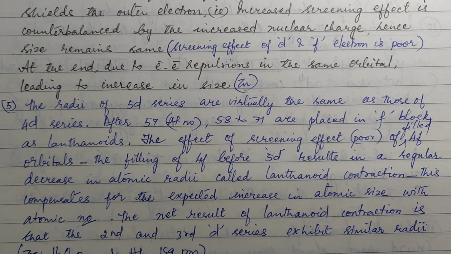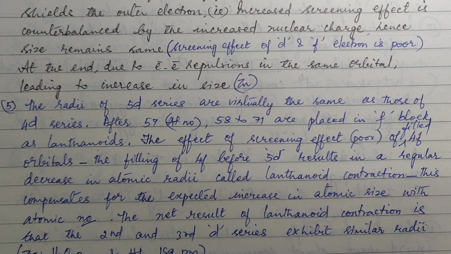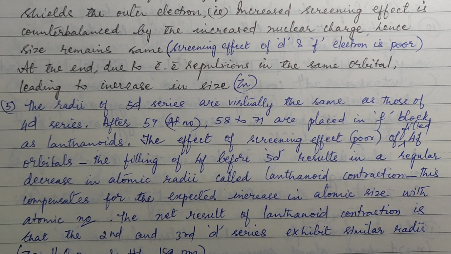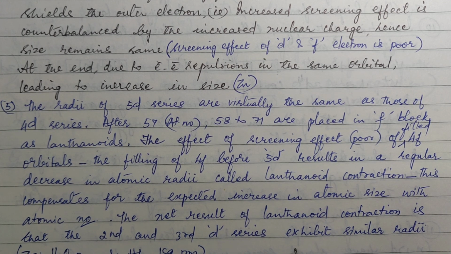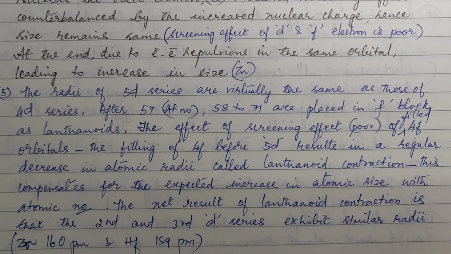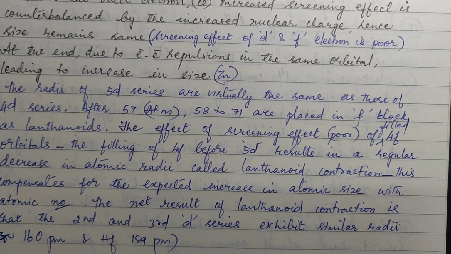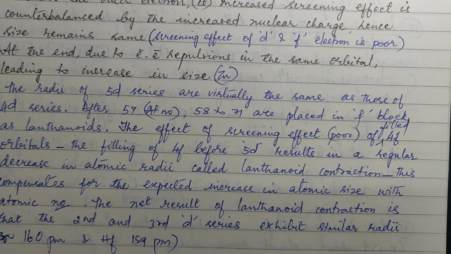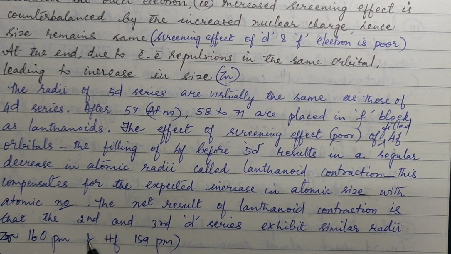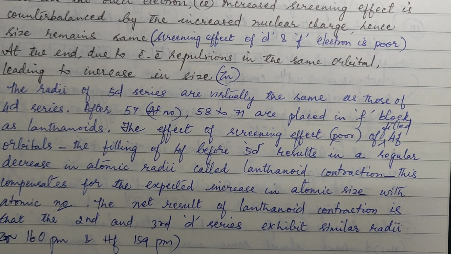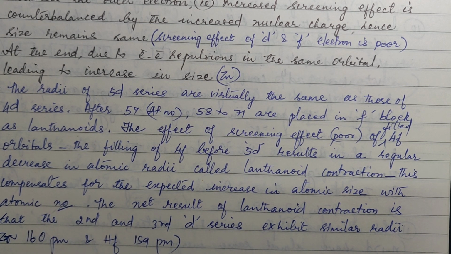So what is the net result? The net result is lanthanoid contraction. Okay, and because of lanthanoid contraction, the second and the third series exhibit similar radii. So this is a very common question that is asked. Why do zirconium and hafnium have similar atomic radii? It is due to lanthanoid contraction, right?